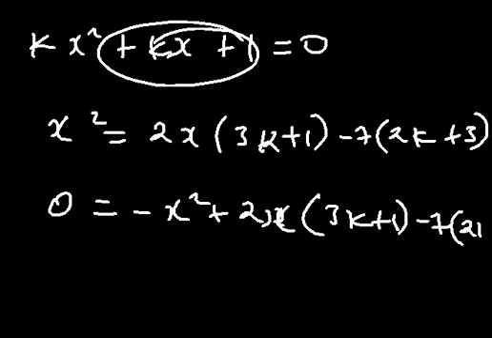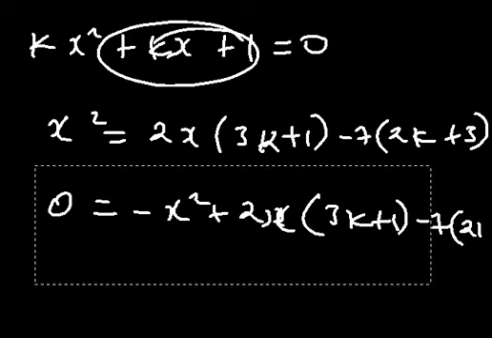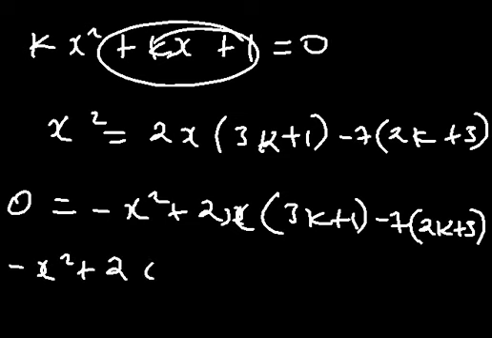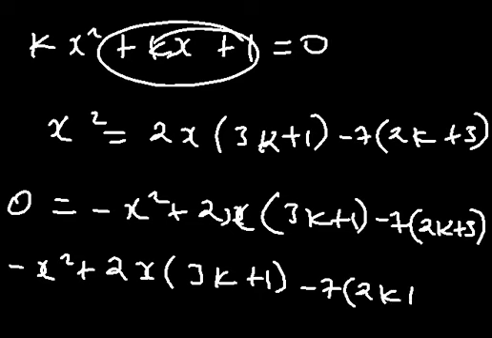As you can see, let me have it over here, so that you should be able to see what is happening. We have 2k here plus 3. So we have it as negative x squared plus 2x, 3k plus 1, minus 7, 2k plus 3, equal to 0.